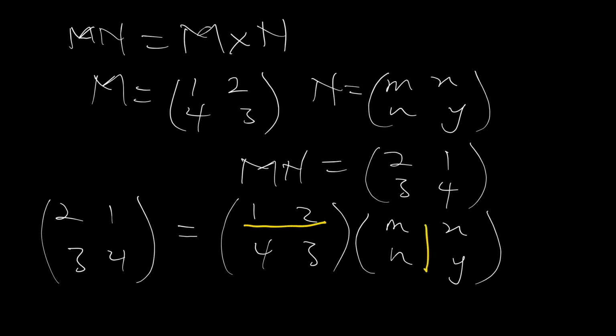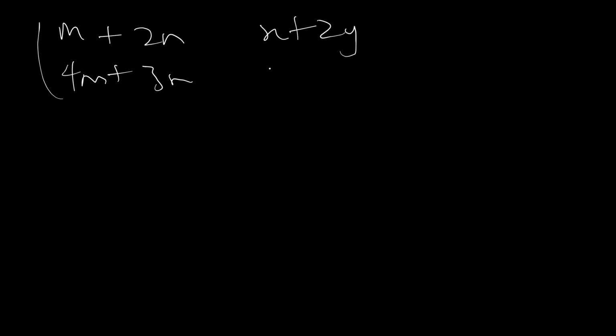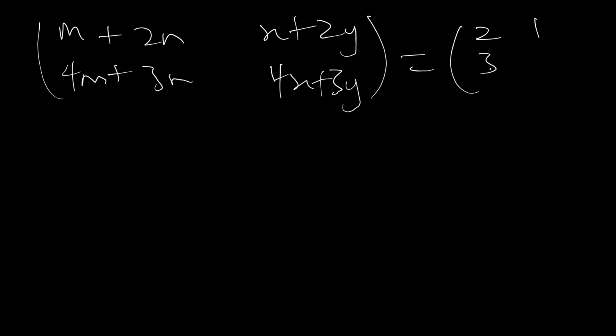And so in this case, we'll have m plus 2n, 4m plus 3n, and x plus 2y, 4x plus 3y. And this should be equal to 2, 1, 3, 4.